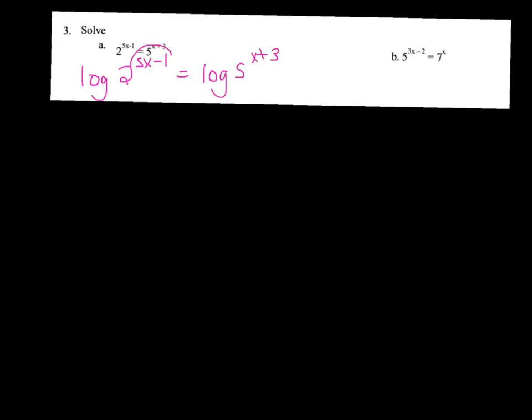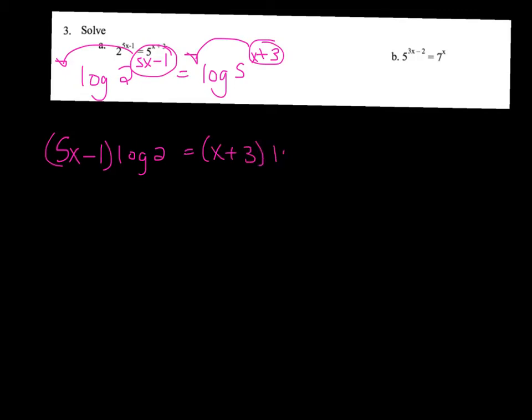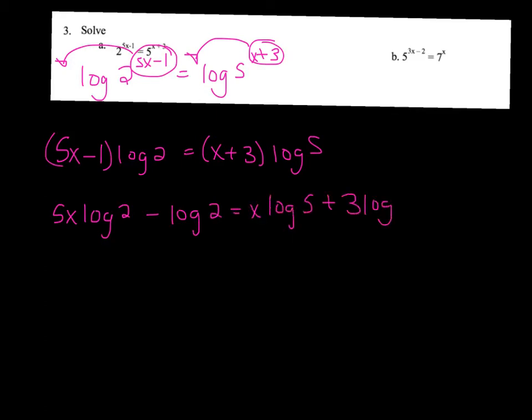Then the power rule tells us we can move the power out in front on both sides, so we end up with 5x minus 1 times log 2 equals x plus 3 times log 5. Then I distribute that log 2, so I have 5x log 2 minus log 2 equals x log 5 plus 3 log 5.